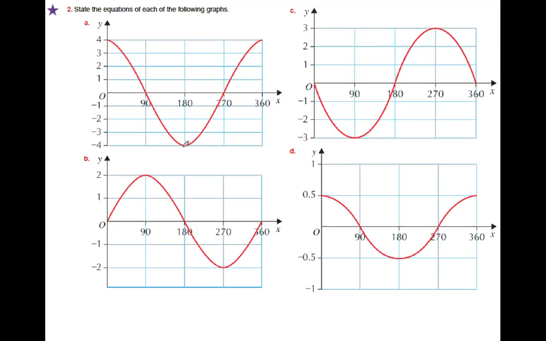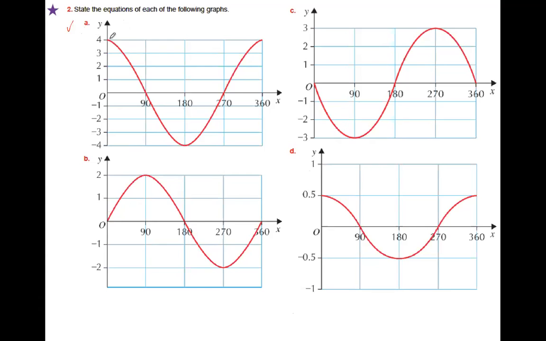Okay, so for the second exercise, I've got here A, B, C, and D. You pick one, and we're going to try and see if we can write down the equation for that. So we're going to try A. When I look at A here, remember, in my head, I've got what the sine looks like. I know it starts at 0.